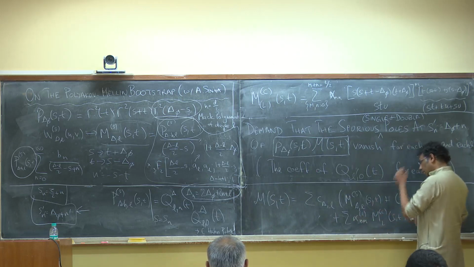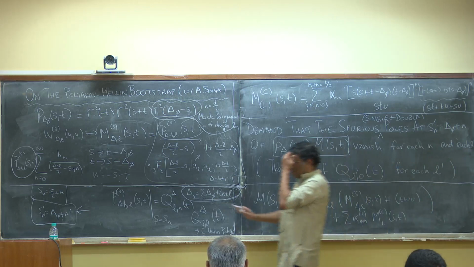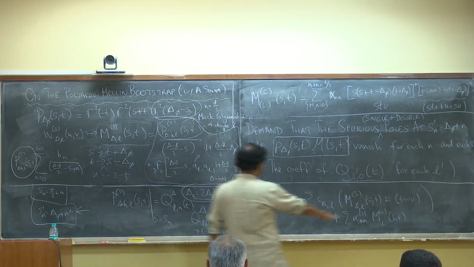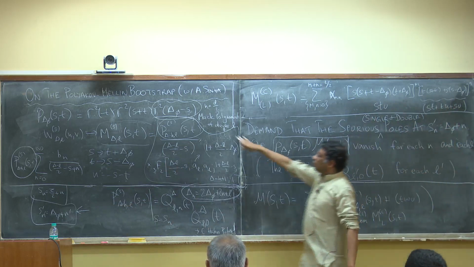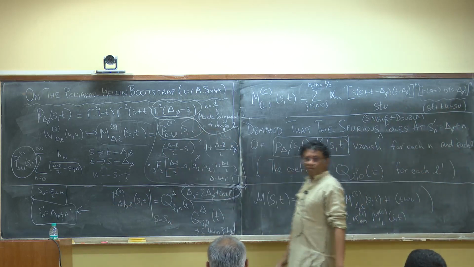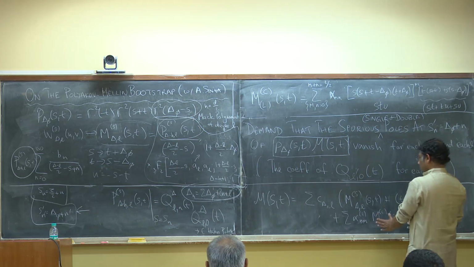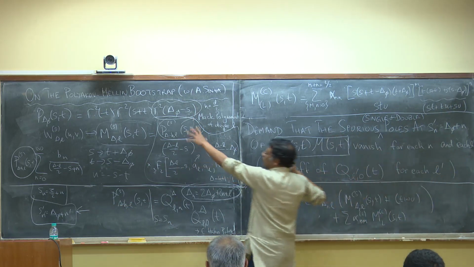For the contact terms also, the spurious poles come purely from the measure, because the contact terms are just polynomials. They have no poles in s and t. So the spurious thing comes purely from there, when I multiply this with the rho.